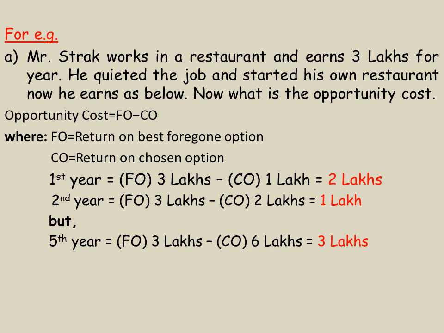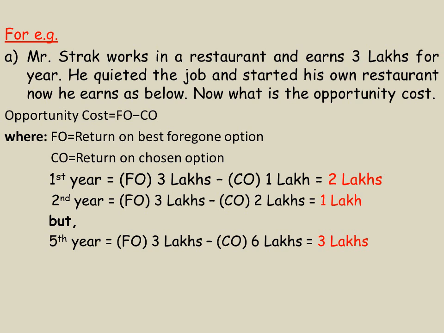The foregone option is 3 lakhs he would have earned, but in the second year he could make 2 lakhs. The difference between 3 lakh and 2 lakh is 1 lakh, which is the opportunity cost of Mr. Stock in the second year.